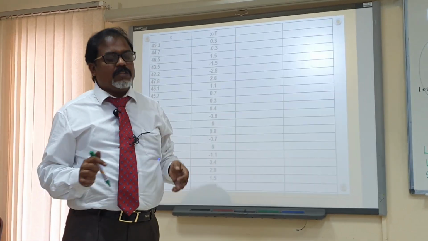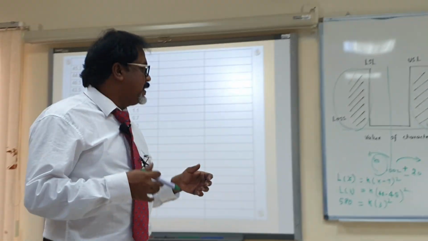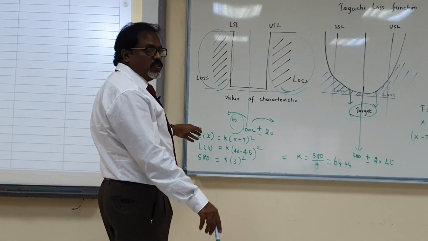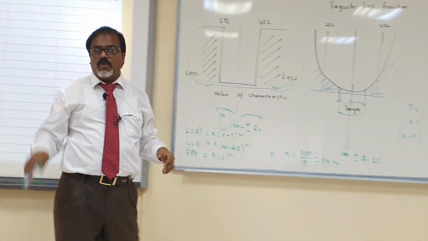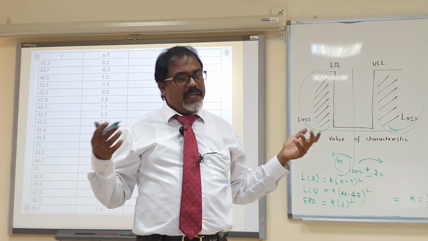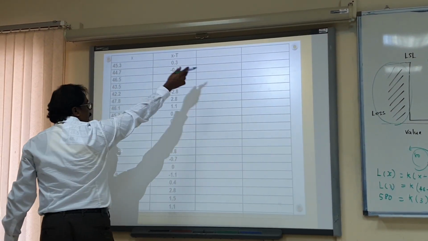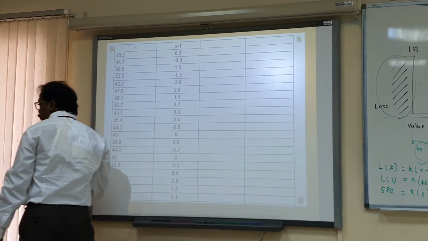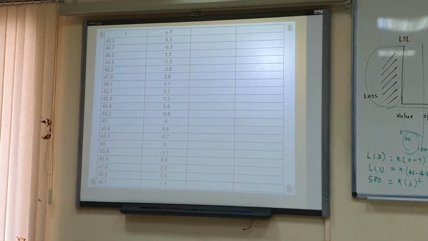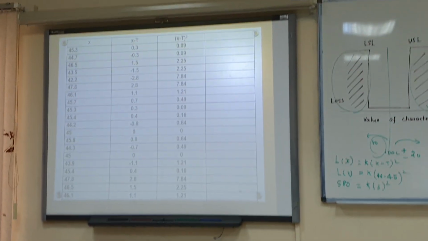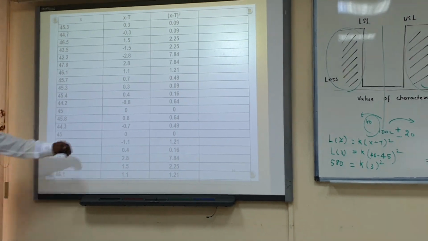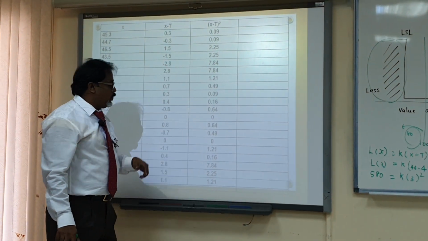Plus or minus, you need not worry, because the Taguchi loss function is (x minus t) whole square. When you square this, either plus or minus will come out positive. So you find the deviation from the targeted value, and then you square it.